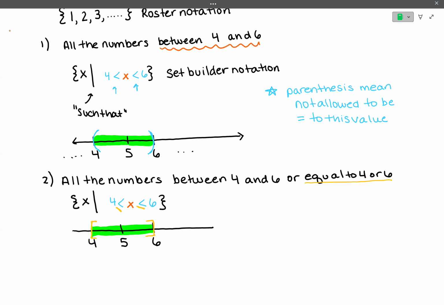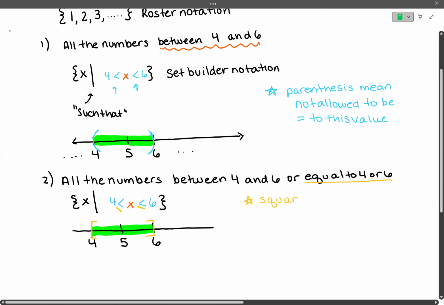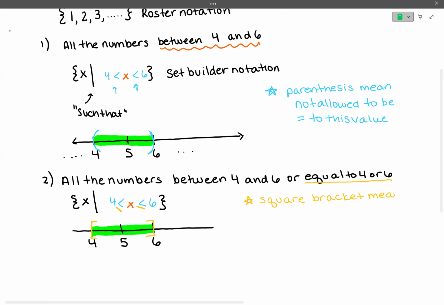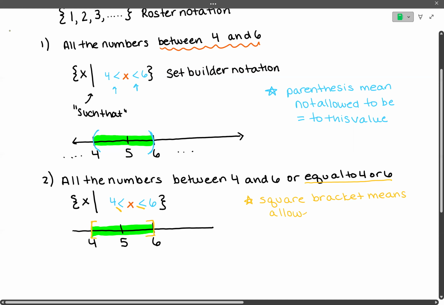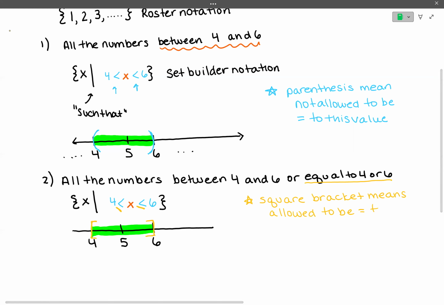So that tells me, hey, anything in between 4 and 6, but you could also be equal to 4 or you could also be equal to 6. So the square bracket means allowed to be equal to this value.